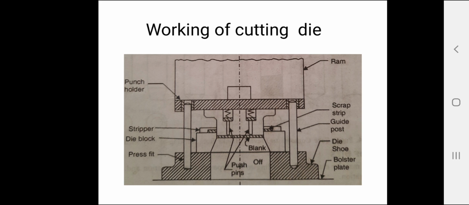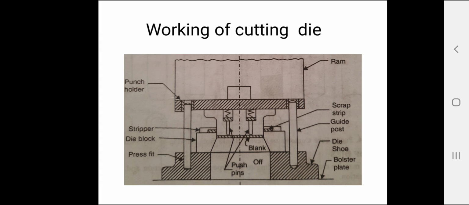We discussed already the different types of guide posts: four guide post, diagonal post, center or axial post and back post design. The lower ends of the guide posts are press fitted into the die shoe. At the upper end, the guide posts have a slip fit with the guide bushings, which are press fitted into the punch holder. With this, the guide posts have free movement in the bushing.